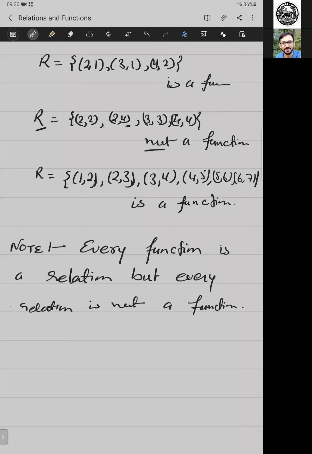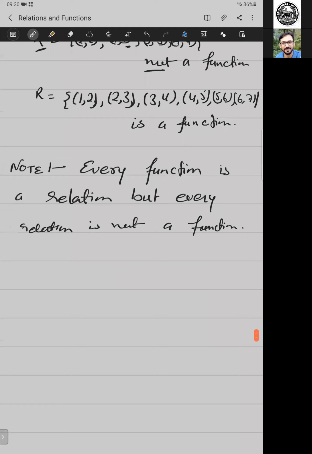After this, now we need to think about some more situations. So let me show you a graph of a function. The first graph is f(x) = x.